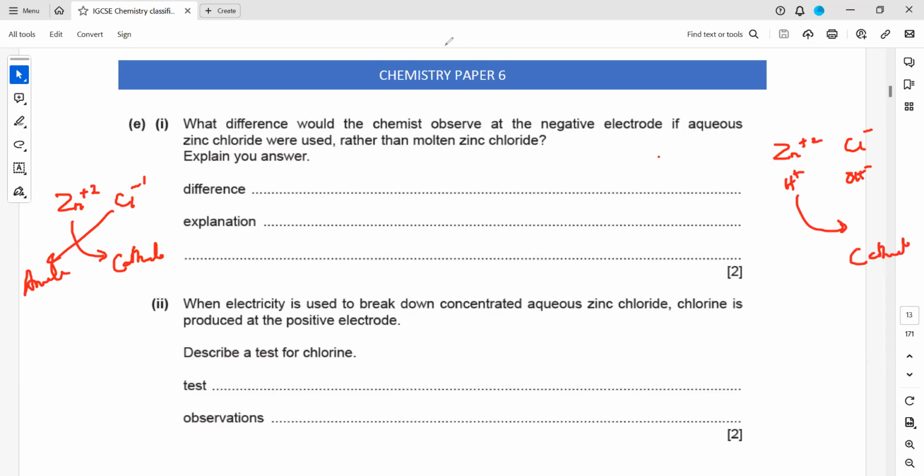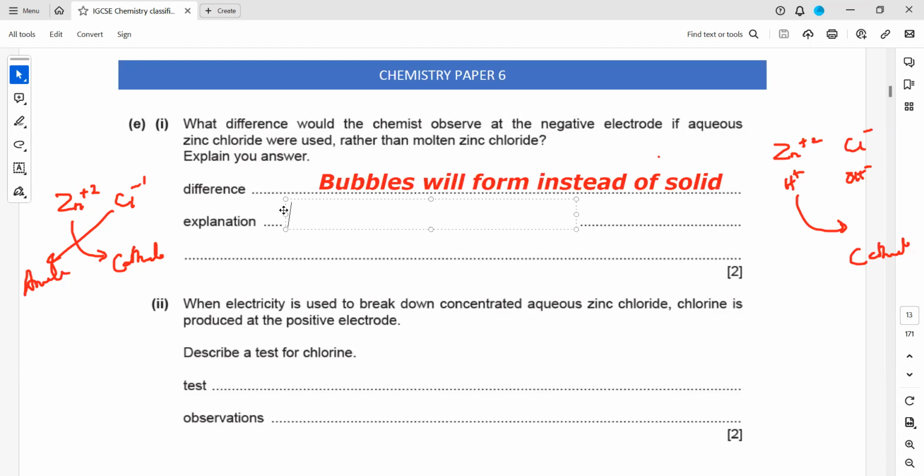So what difference will there be? Because we have to state a difference in observation. We don't have to say a reason here. The difference in observation: bubbles will form instead of a solid. So a solid will not form, bubbles will form. And why will the bubbles form?